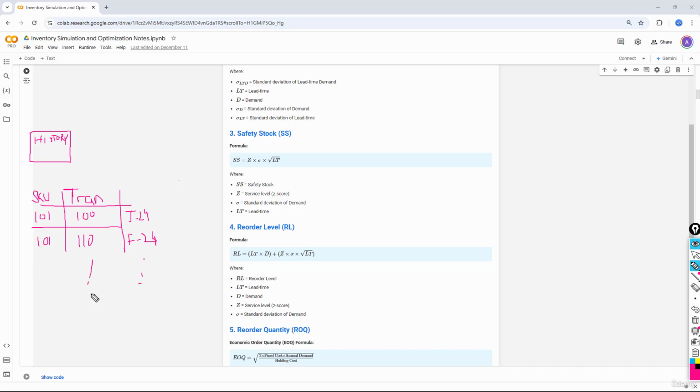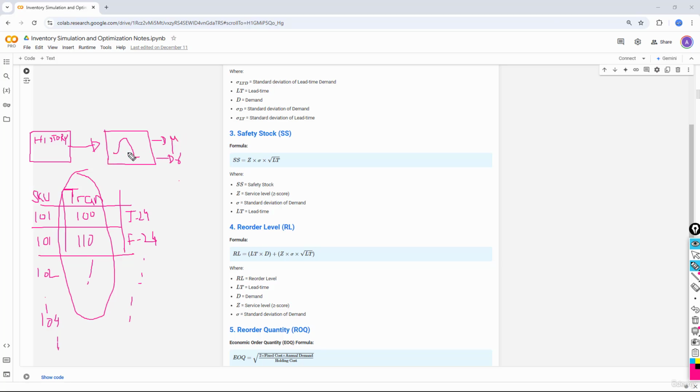So you would take this data and you would put it in a model which can generate the mu and sigma for each of these items. So let's say this is 102, 104, and so on. So it will take this information for the transactions as a vector and produce these.